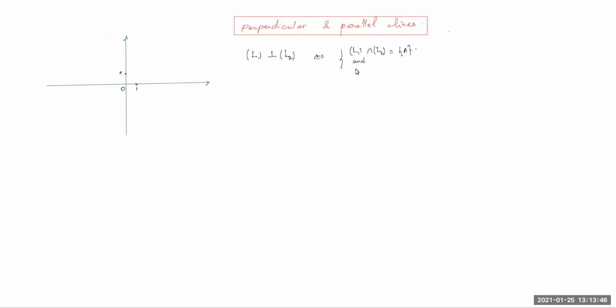The two lines form an angle of 90 degrees. Let's say the notation of the angle L1, L2 is 90 degrees.